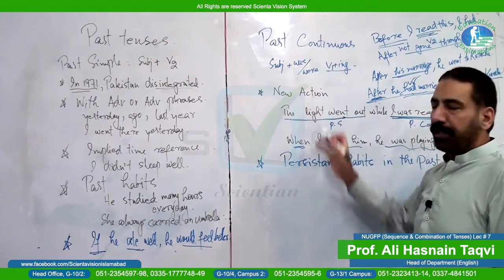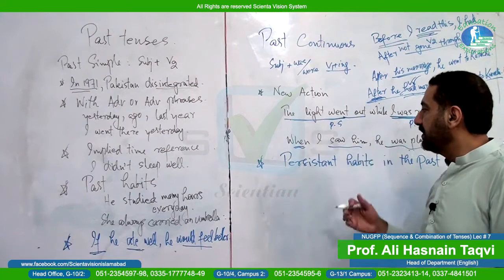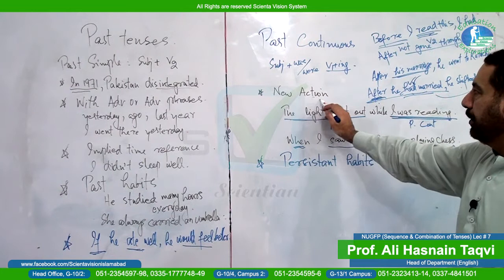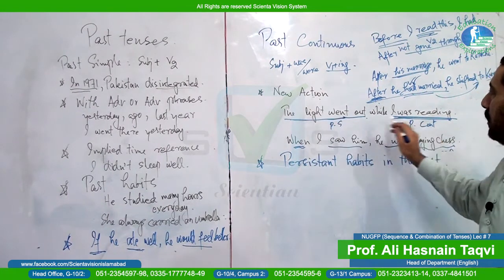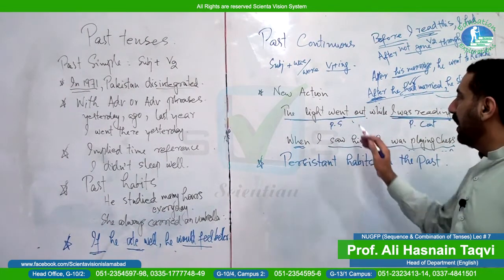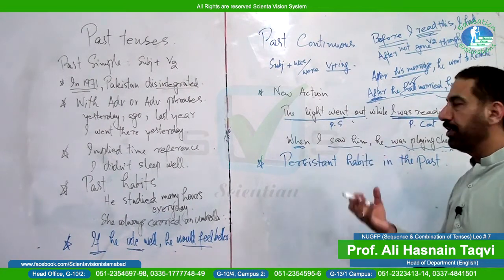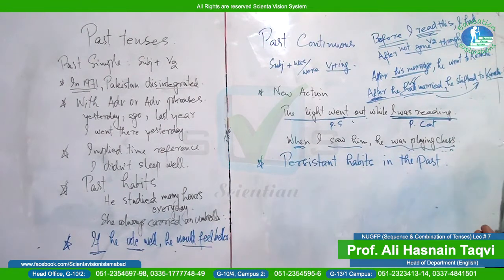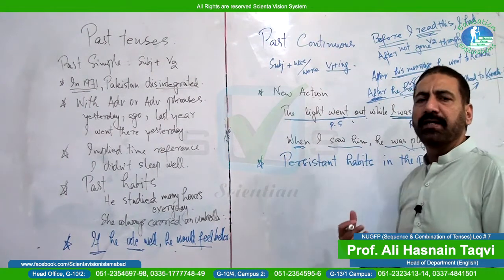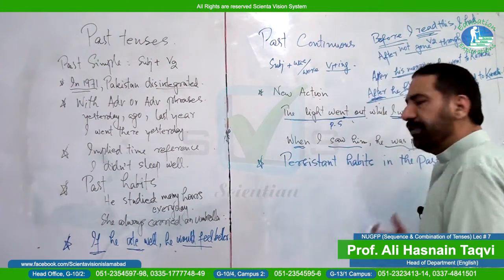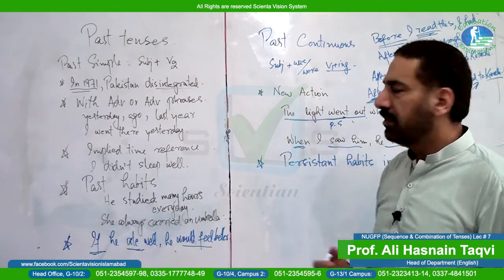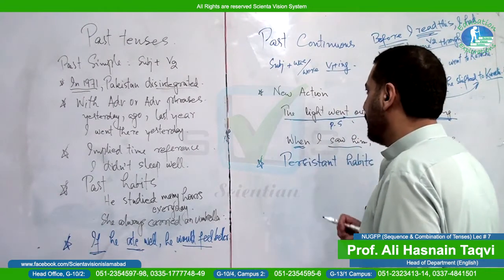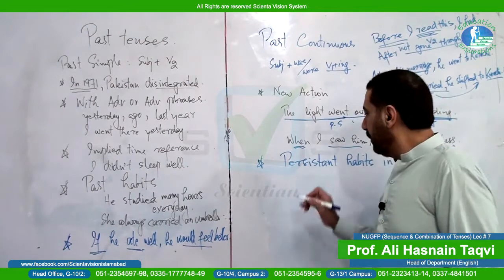Now talking more about the types of past tenses, like two things already pointed out. New action, for that you use past simple, and especially that new action, if it is of shorter duration, you have to stick to past simple. Then persistent habits in the past, something which keeps happening. Habits we normally talk about in terms of present simple tense, but persistent habits in the past can always be referred to through this tense. Let me give you an example.